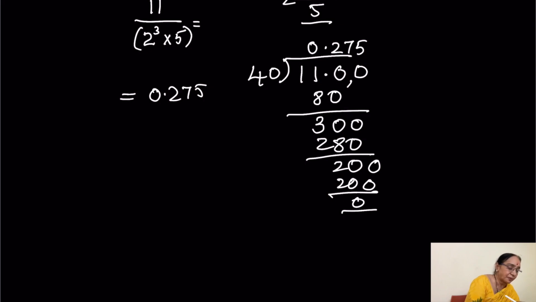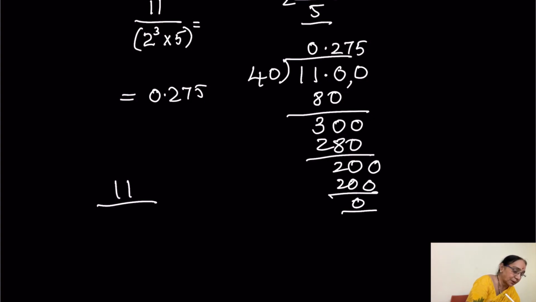Now, the simple fact about why it happens is that you can supply it with more 5s or 2s and make the denominator a power of 10. See, if I show you here, 11 upon 2 cubed into 5. Now multiply the numerator and denominator by 5 squared.